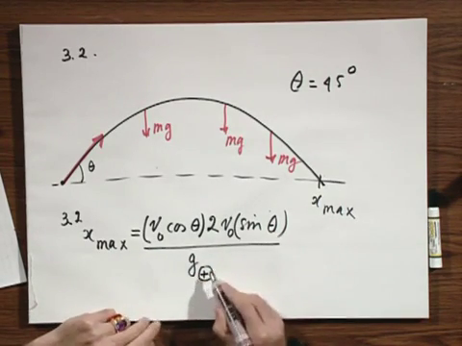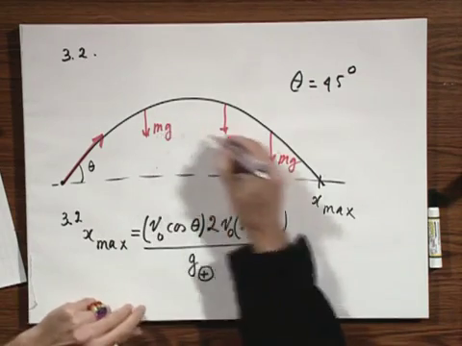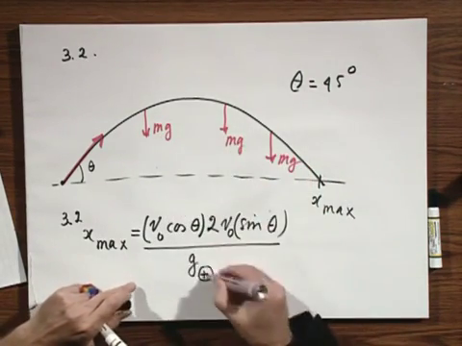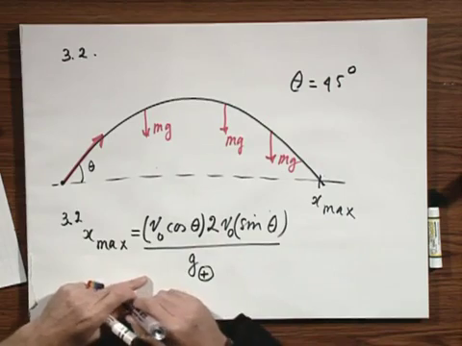This is the gravitational acceleration at Earth. I will just write g for it.